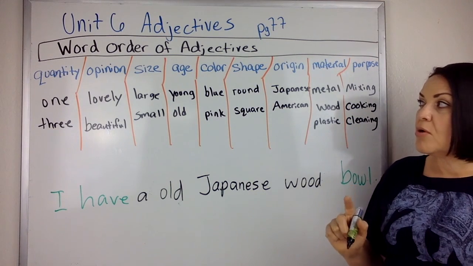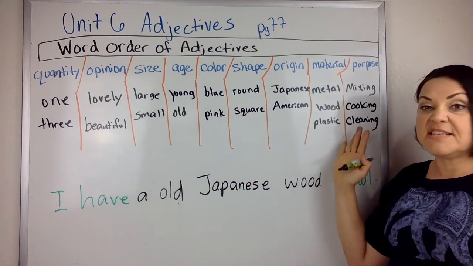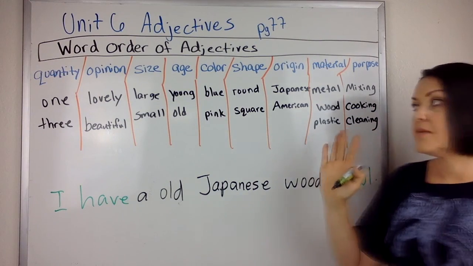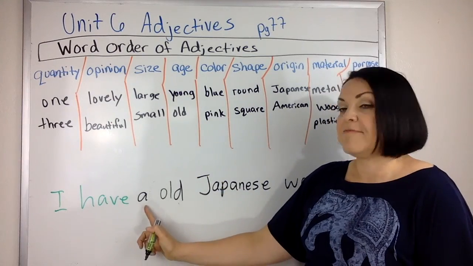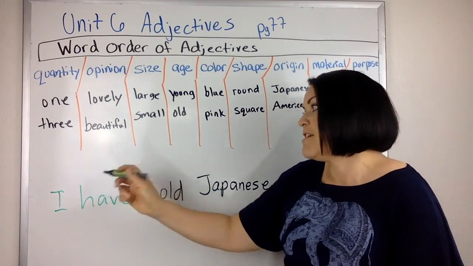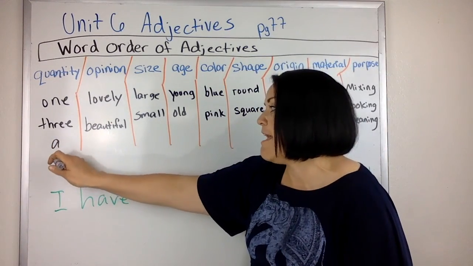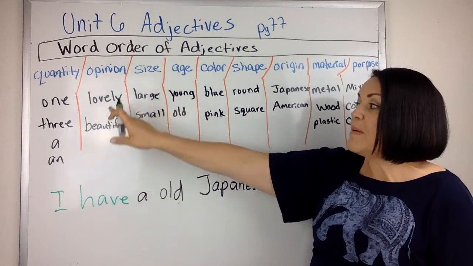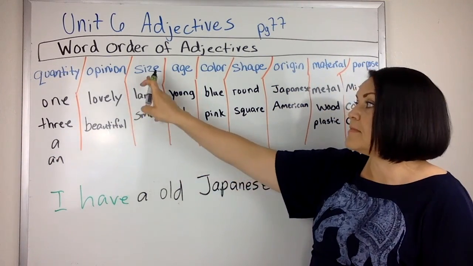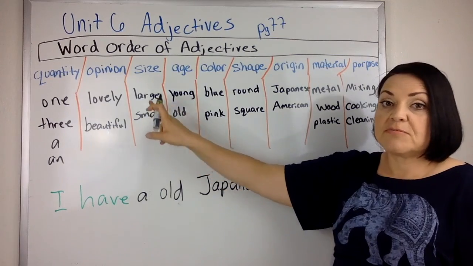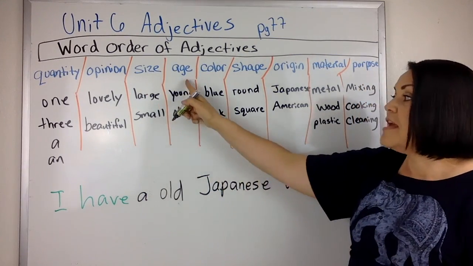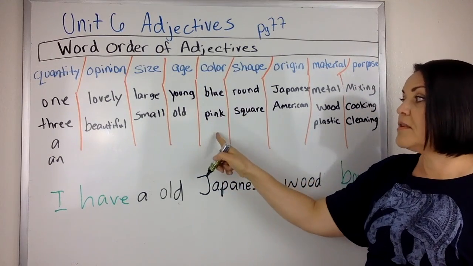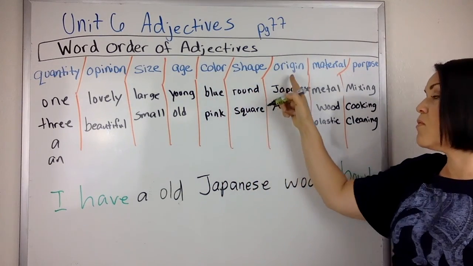So again, write this list at least to practice. So quantity, how many can come first? So I have, that's 1. So that would go under there, or an, same thing. Opinion, beautiful, size, large or small. There's quite a few adjectives. You can look them up if you want. Age, color, the shape, origin.